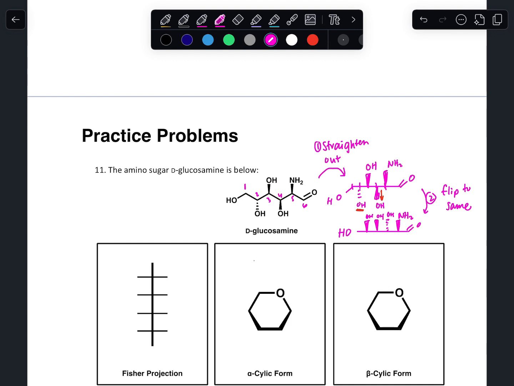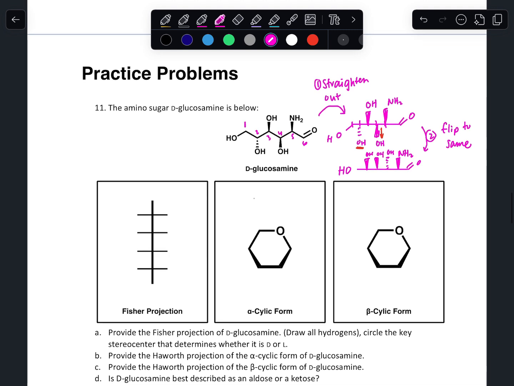We are going to determine which is our D-glucosamine. So our D is going to be the farthest from the carbonyl. So our carbonyl is here. So this is our furthest. And that is a wedge. D means to the right. So for that, our wedges will all be to the right.